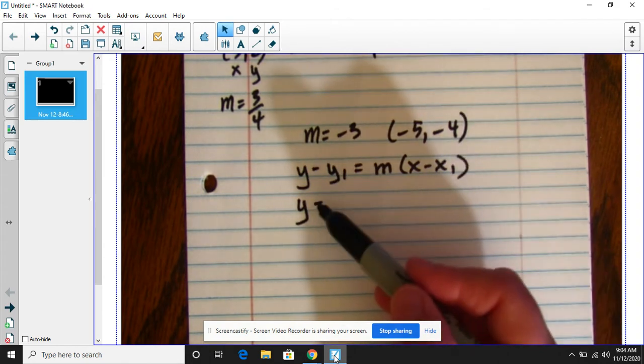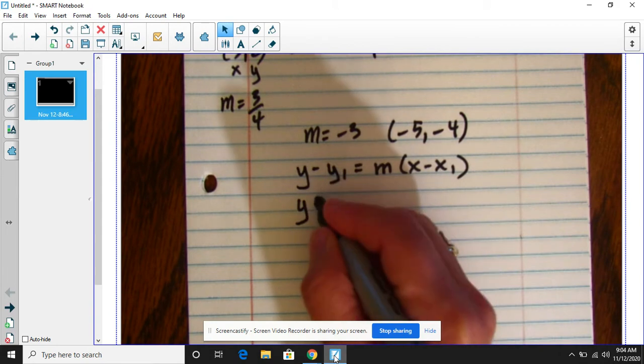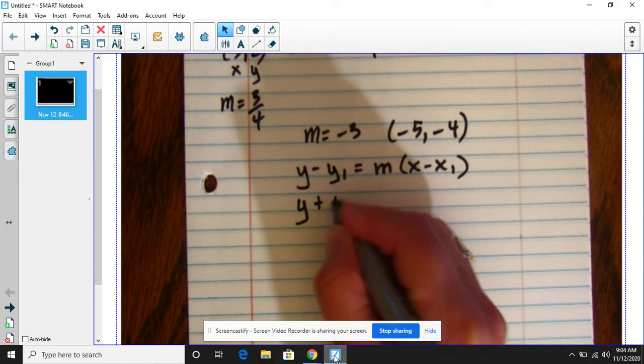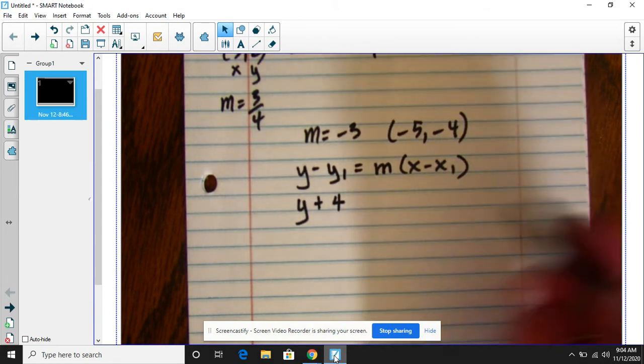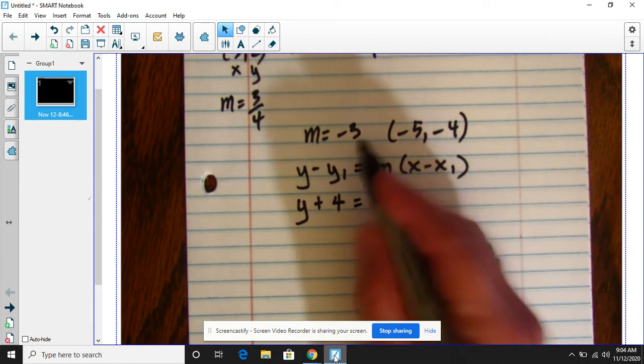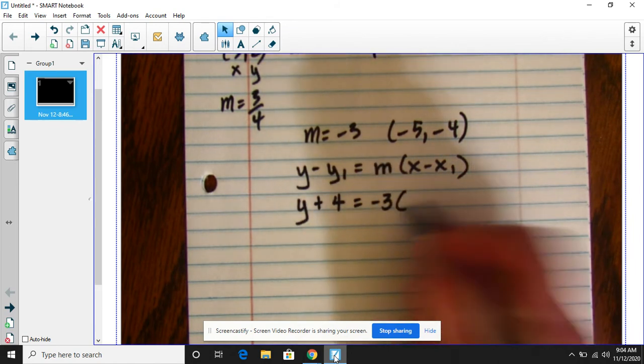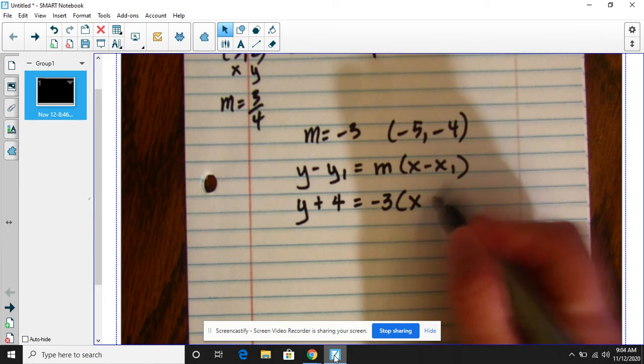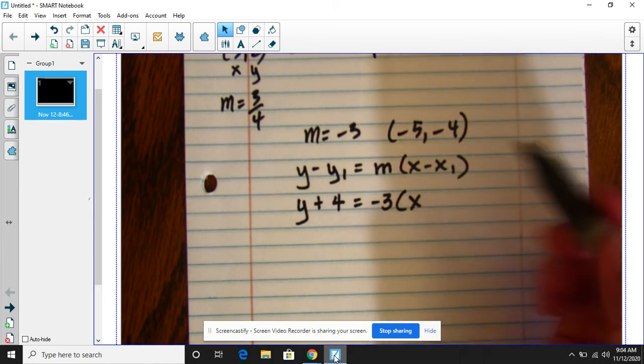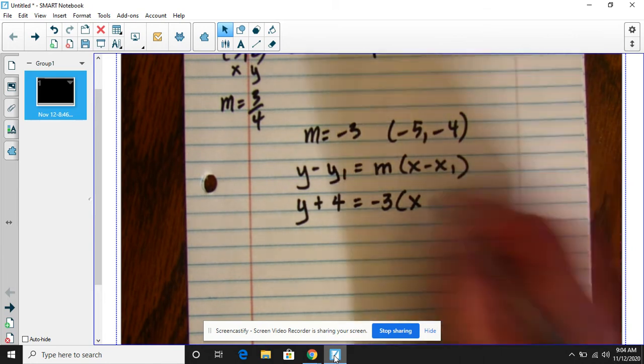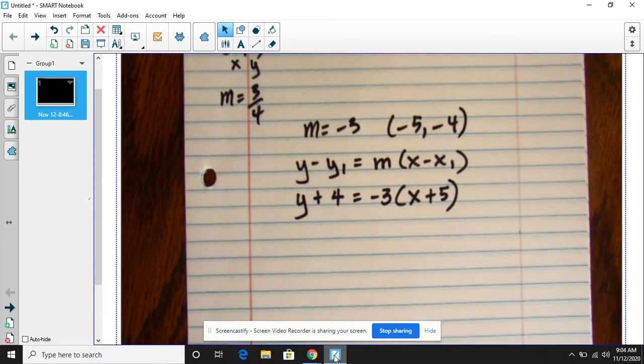So y minus -4 would turn into +4, right? Because subtracting a negative is really adding it, is equal to the slope, which is -3, times x minus x, which is -5. So minus -5 really means +5. So that's what you were doing in that section.